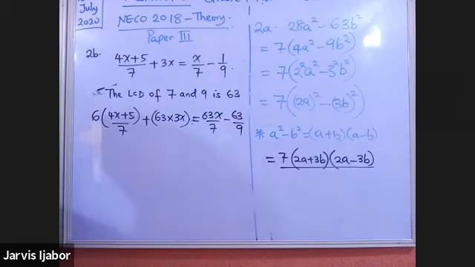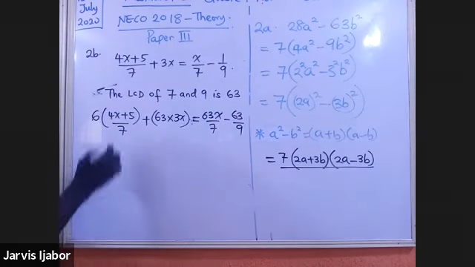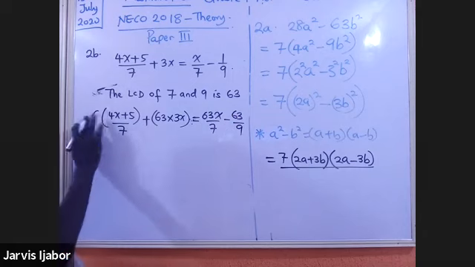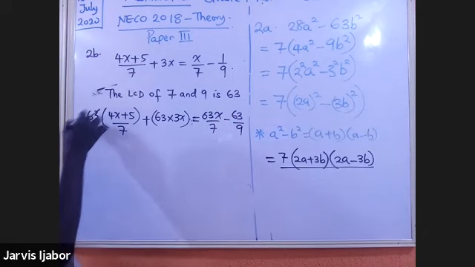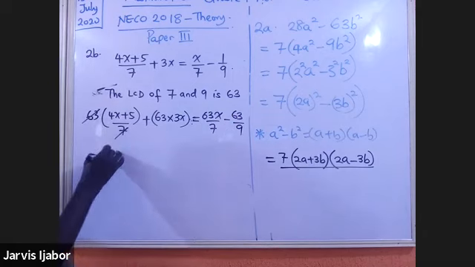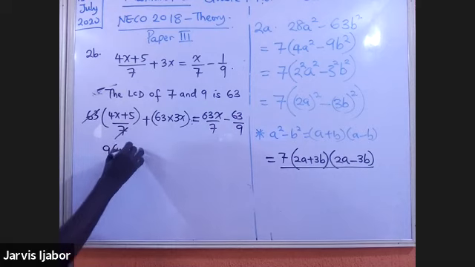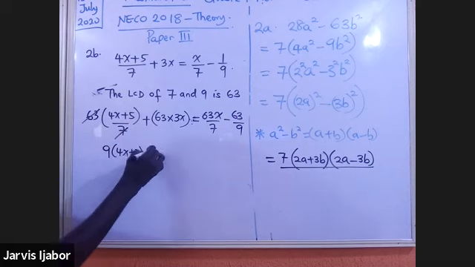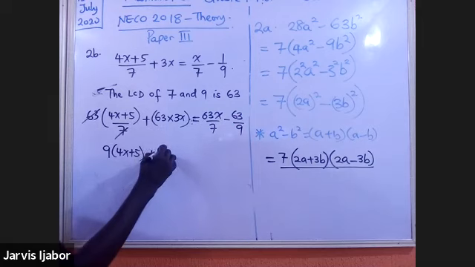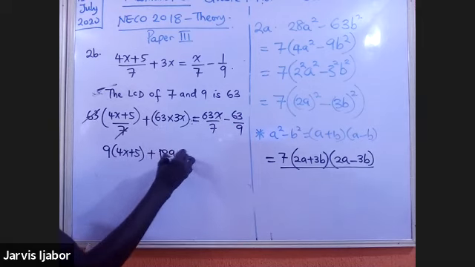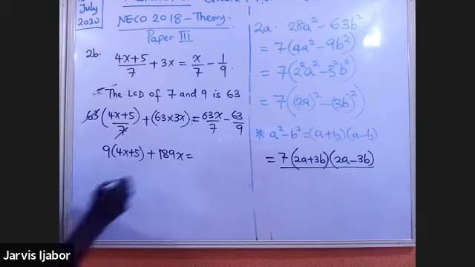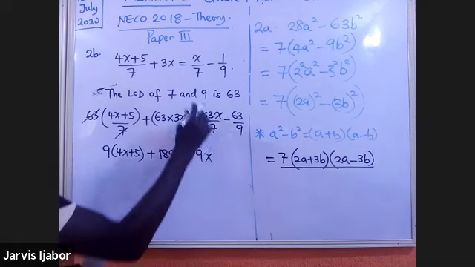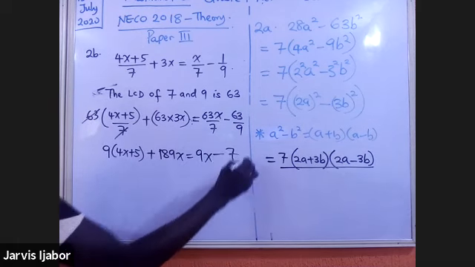So when you do that, what you're going to get will be 9 into (4x plus 5) plus 189x equal to 9x minus 7.